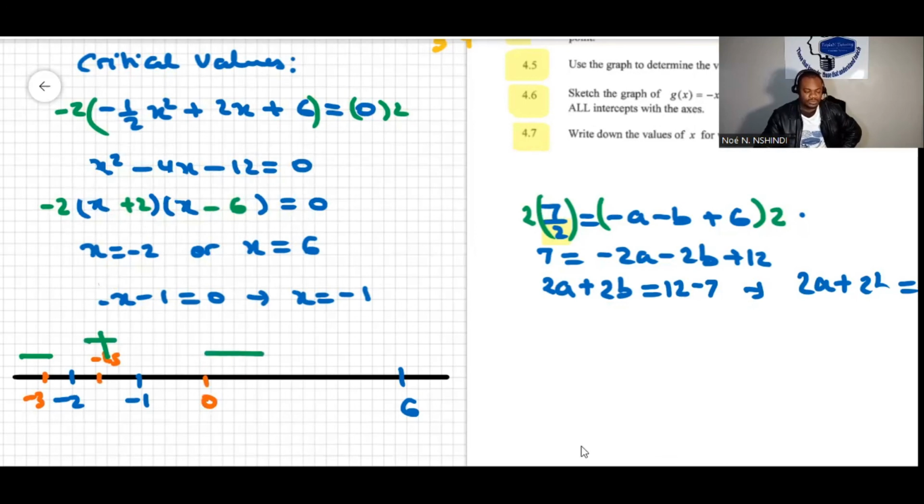Positive times negative times positive times negative makes positive times negative, so it's going to be negative again. So the solution is actually x is less than or equal to -2, or x is between -1 and 6.